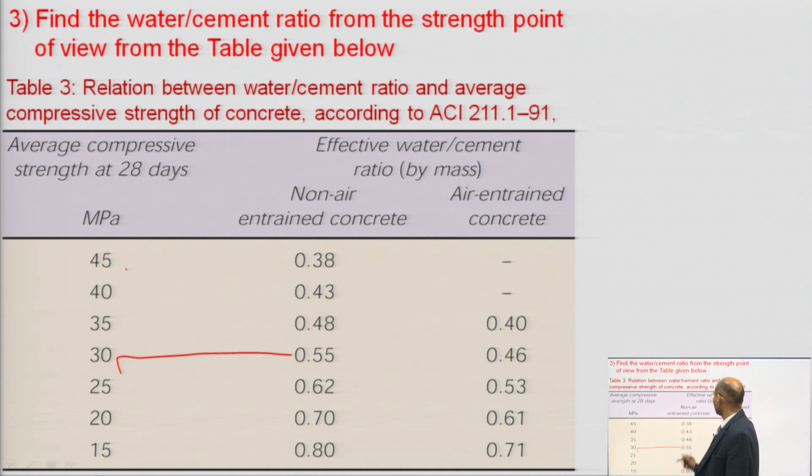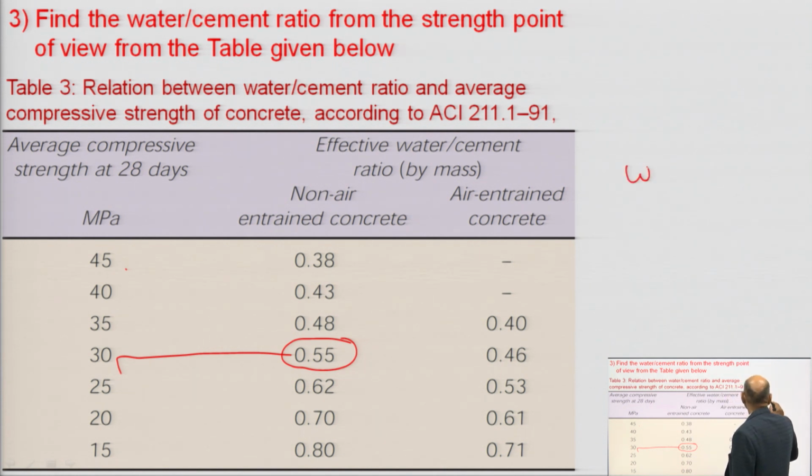Suppose I want to design non-air entrained concrete, say M30. The minimum value of average compressive strength, if it is 30, then the water cement ratio is minimum 0.55 you have to select.